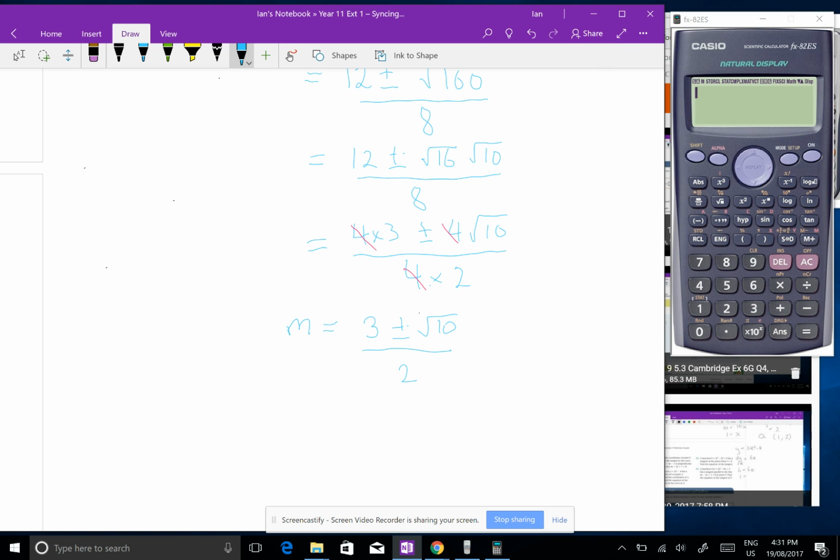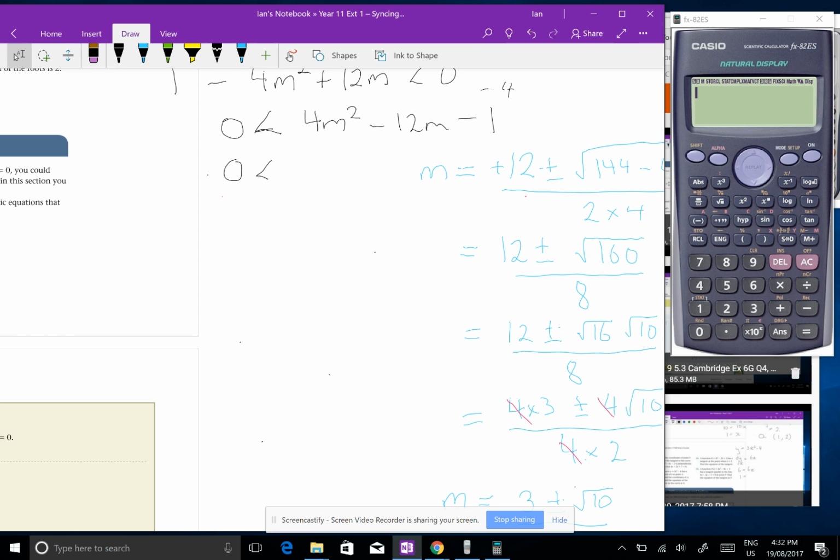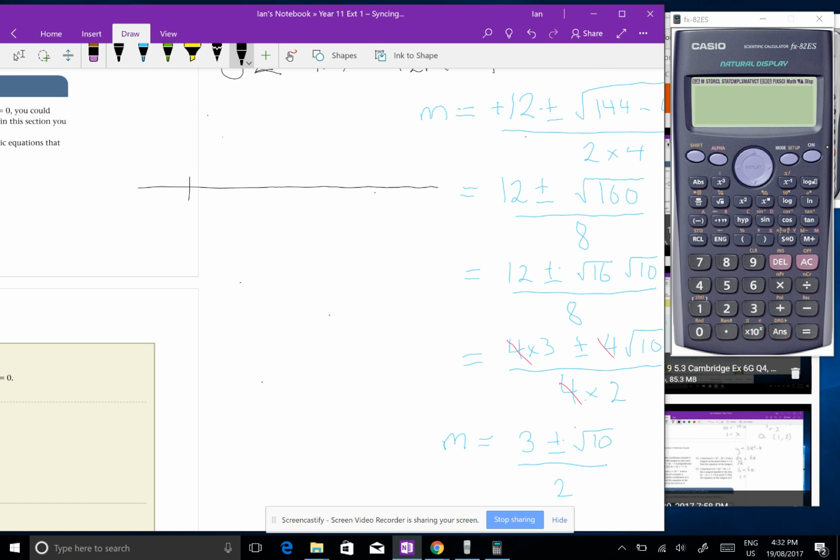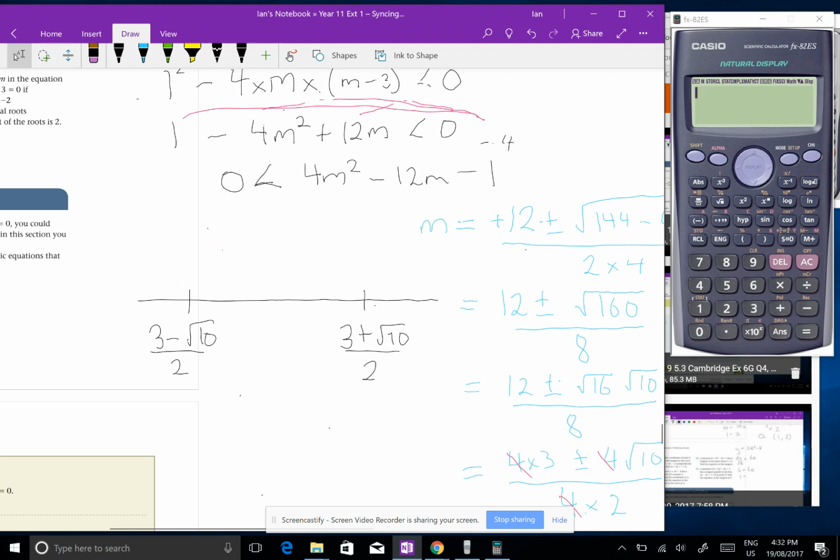Now that we know they're the critical points, let's go back and have a look at this. So this is going to be a positive parabola, and the roots are at 3 minus root 10 over 2 over here, and on the other side we've got 3 plus root 10 over 2. Look up here, it's a positive parabola when we look at that last line there.